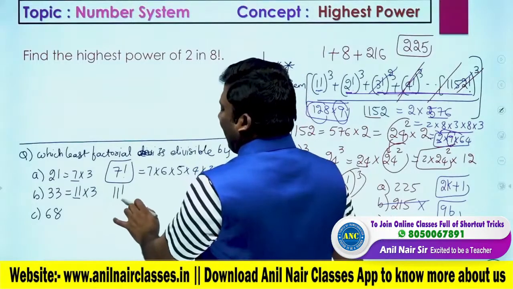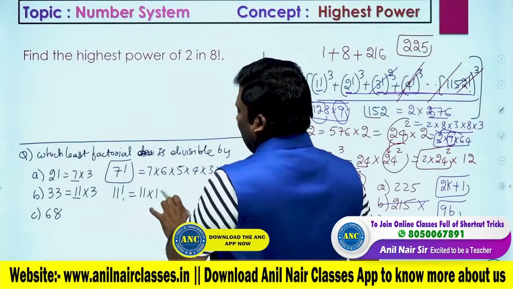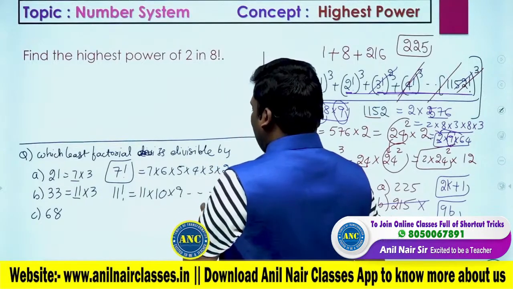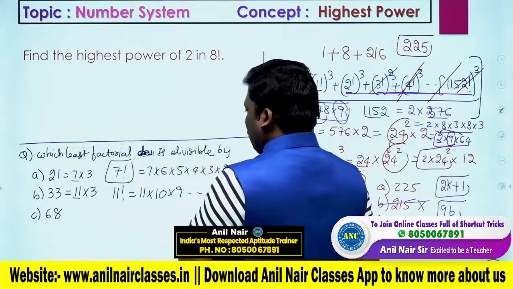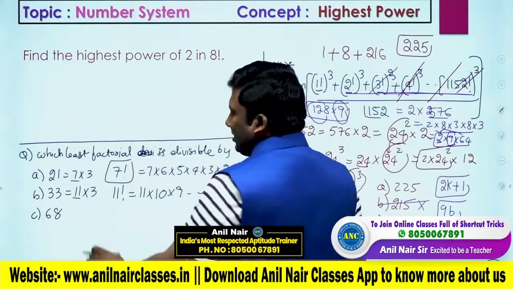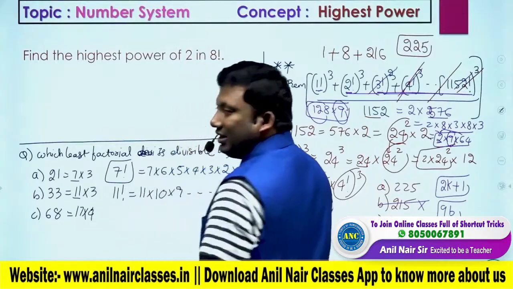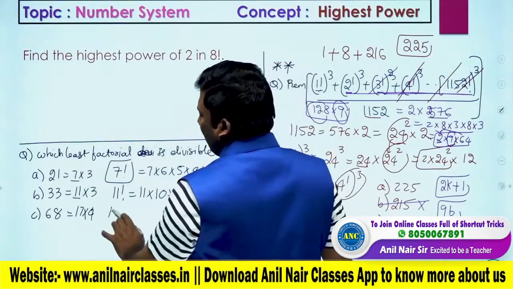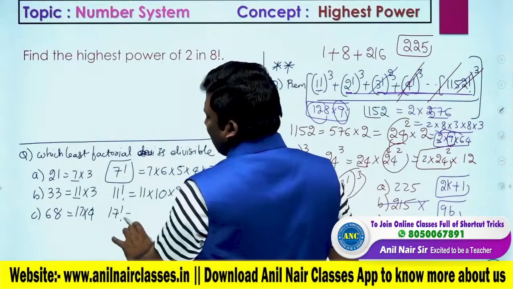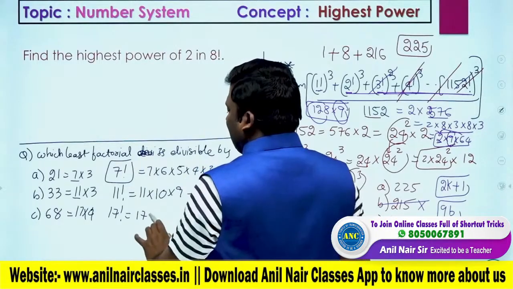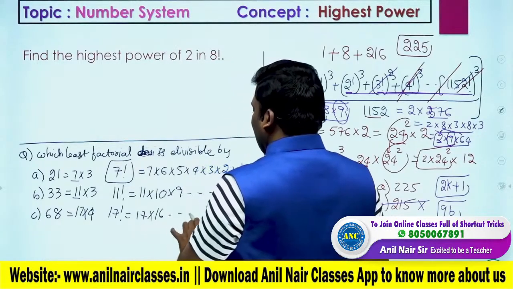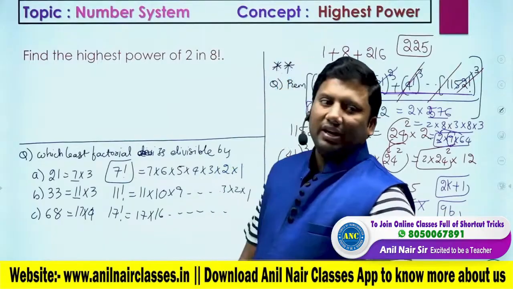That is 11 factorial, 11 into 10 into 9 and so on up to 3 into 2 into 1. If it is 68, that is 17 into 4. 17 should be present. So 17 power 1 is present in 17 factorial.